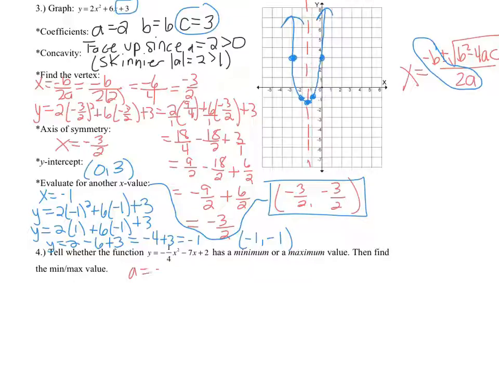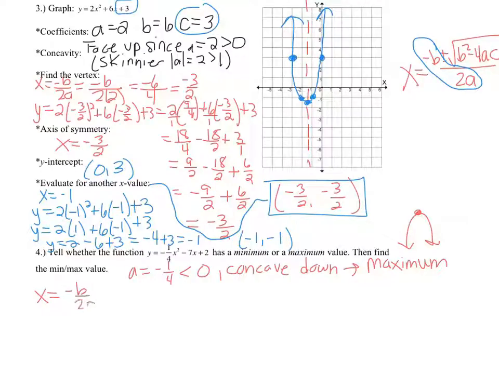Because a equals -1/4, which is less than 0, it's concave down, which means we will have a maximum value because the parabola will look something like this, and so the vertex is the highest point. To find it, we use our little formula, x equals the opposite of b over 2a.